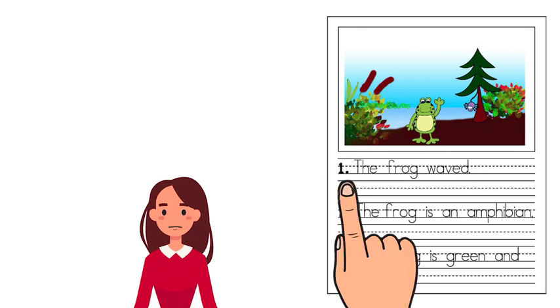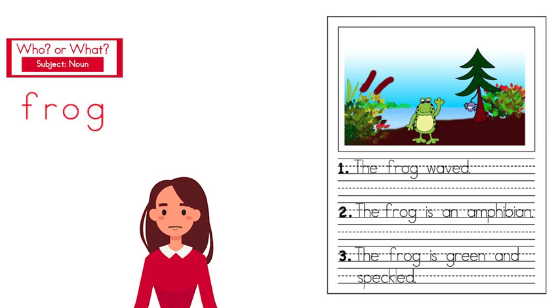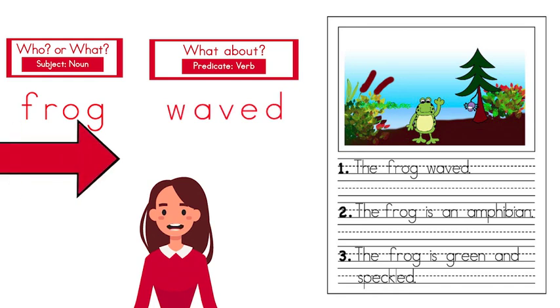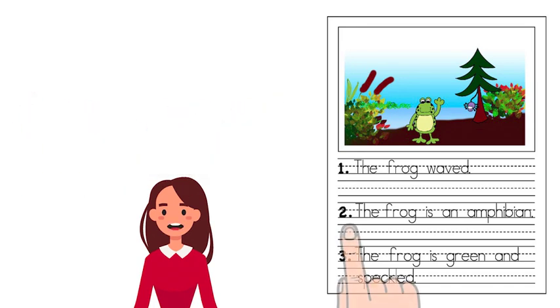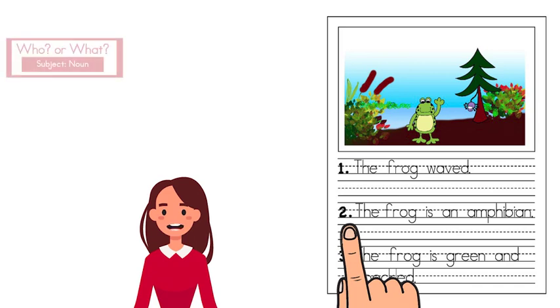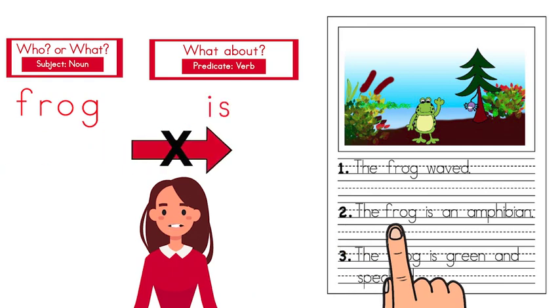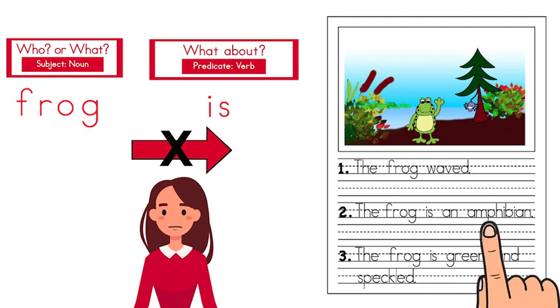The first sentence, the frog waved, is a complete sentence with a subject, the frog, and a predicate, waved. Waved is an action verb. The second sentence, the frog is an amphibian, is a complete sentence with a subject, the frog, and a predicate, is an amphibian, using is as a no-action verb that connects frog to a word that renames it, amphibian.